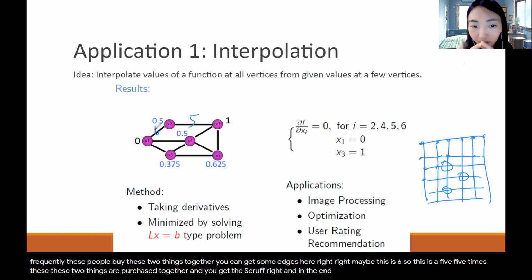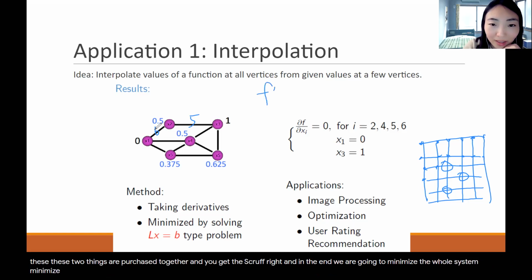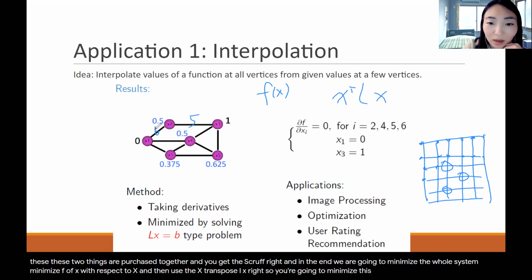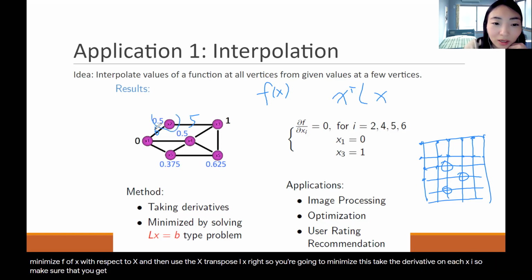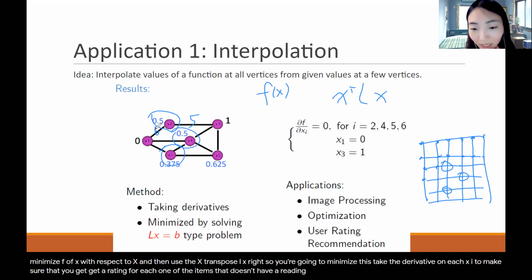And in the end, we are going to minimize the whole system, minimize f of x with respect to x, right? And then use the x transpose Lx, right? So you're going to minimize this, take the derivative on each xi to make sure that you get a rating for each one of the items that didn't have a rating before.